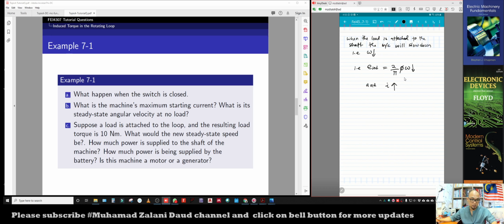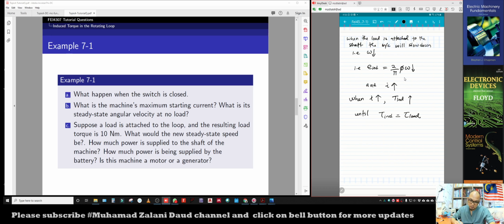So when current increases, the induced torque also increases until tau induced equals tau load. That is the story behind it.